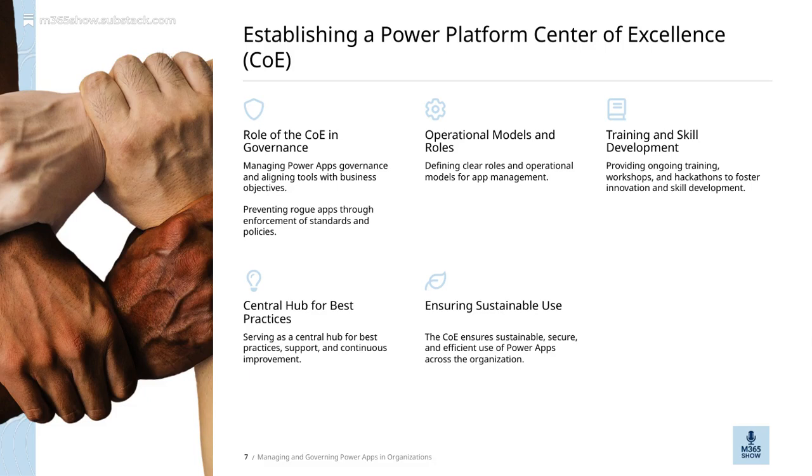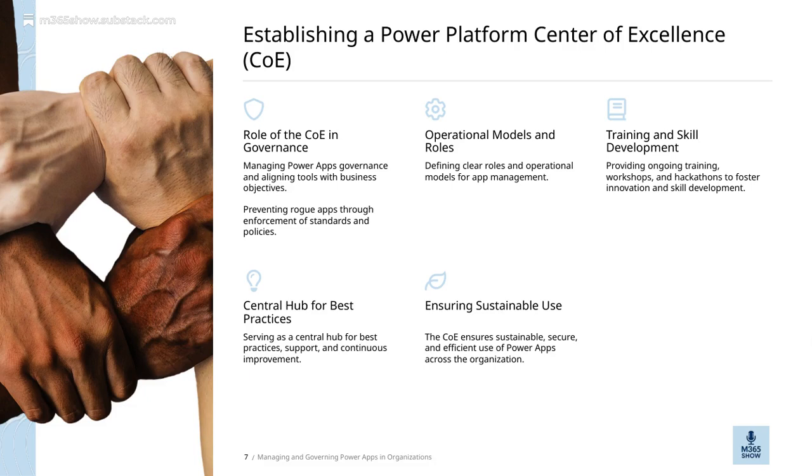Another important aspect is defining clear roles and operational models. This helps establish who is responsible for what, ensuring everyone understands their part in managing apps effectively and efficiently. When it comes to governance, the COE plays a vital role in managing Power Apps by enforcing standards and policies. This prevents the proliferation of rogue or unmanaged apps that could pose security risks or cause compliance issues.